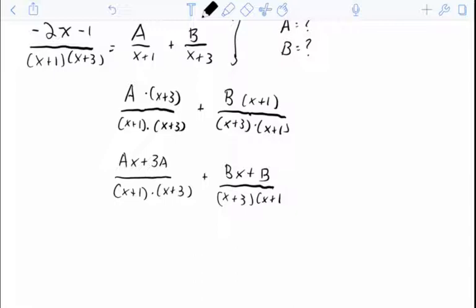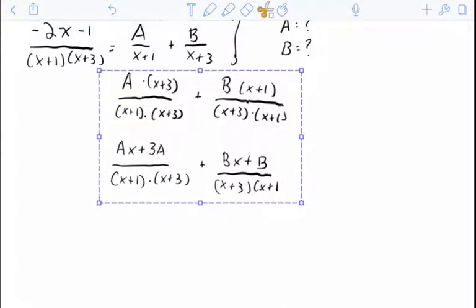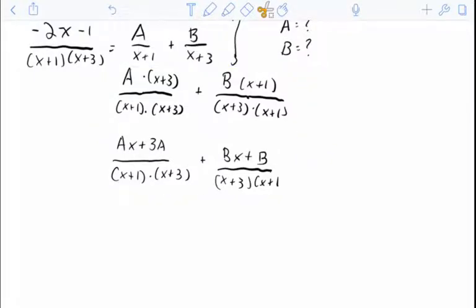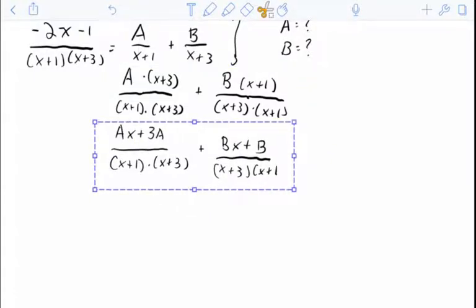and I'm running out of space, so I'm going to combine them all in one step. Actually, you know what? I'm not going to do that. I'm going to be brave. I don't mind that I'm running out of space. Maybe I'll move stuff up here. Make it closer together. All right.